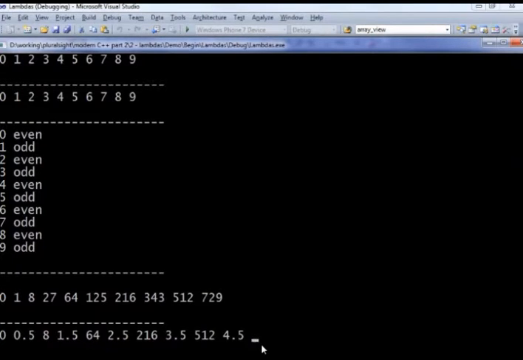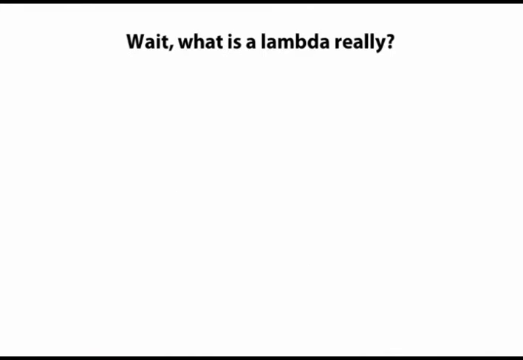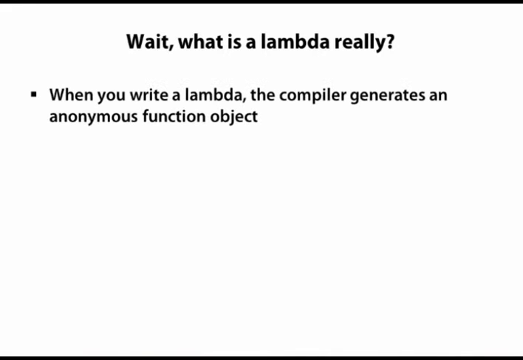You've seen quite a few lambdas working. And you know, I kind of cheated when I asked and answered, what's a lambda? Because although I told you what it was, a way to represent an operation or some functionality in an object, I didn't really explain how it's done. You see, the compiler generates for you something called an anonymous function object.